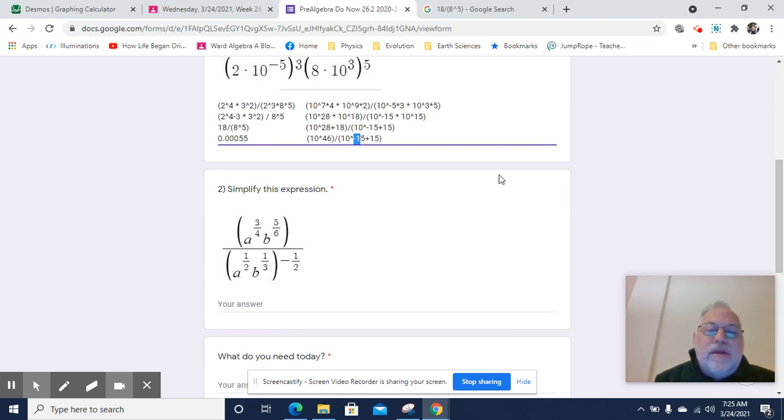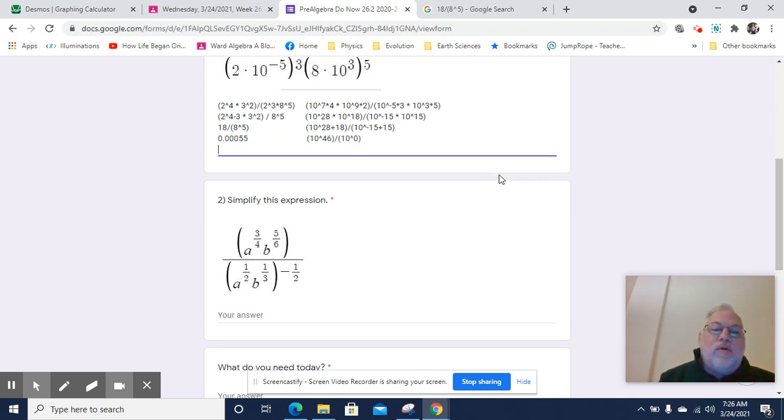And this is going to be 10 to the 0, which I'm not even going to care about because that's just 1. So 10 to the 46 divided by 1 will be that. That's going to end up being just 10 to the 46th.